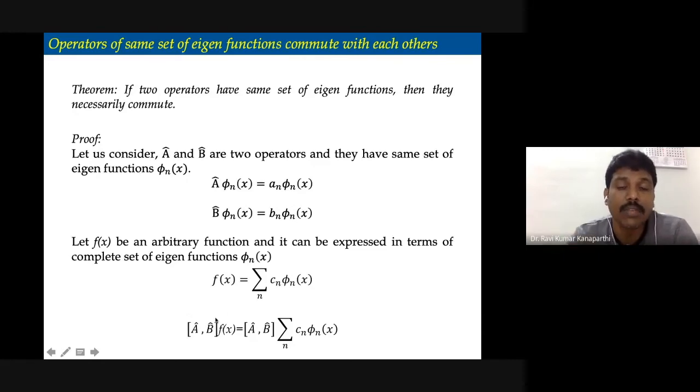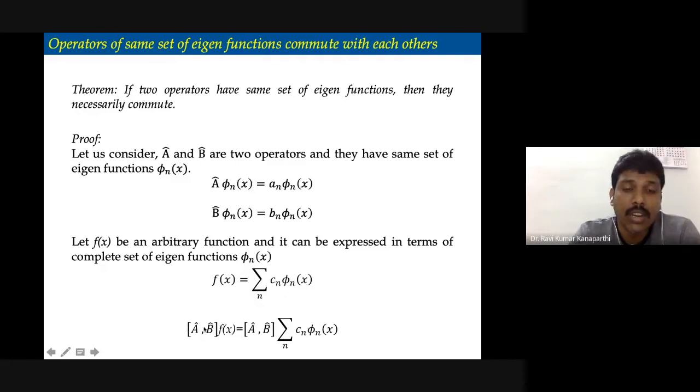If we have to prove the commutation, first of all we have to find the commutator, and if the commutator is 0, then we say these are commuting, otherwise we say they are not commuting.